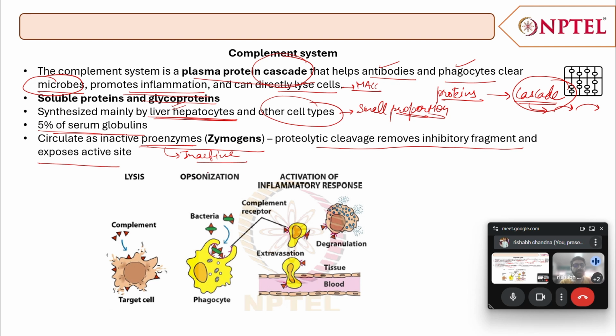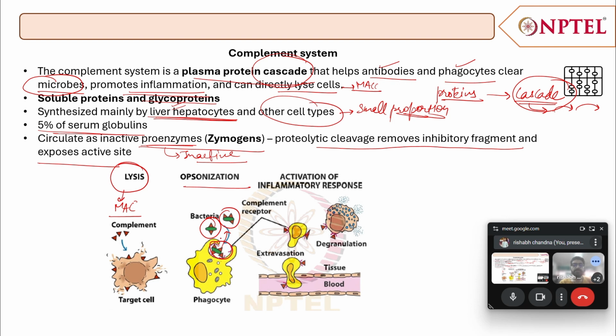And what is their main function? Their main function is lysis, by forming the membrane attack complex. Next is opsonization, which basically means coating certain proteins on the microbes or the cancer cells. After coating with these proteins, they can be identified by the immune system and cleared off.